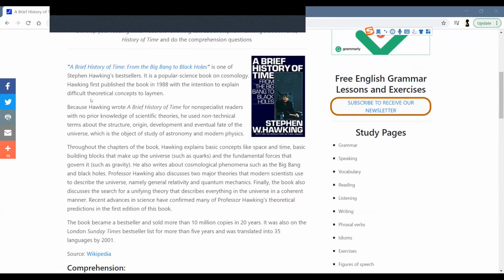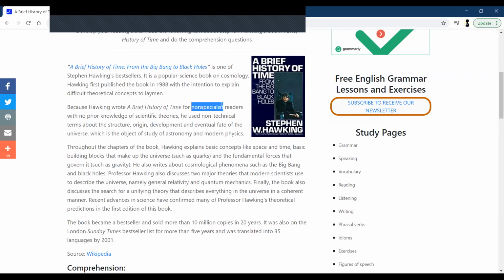I should explain some words in this article. Like intention, which means you want to do something, and cosmology means the cosmos. Cosmos is similar to the word universe. So it's about the universe. And then best sellers means something that sold very well, like most people will buy it.